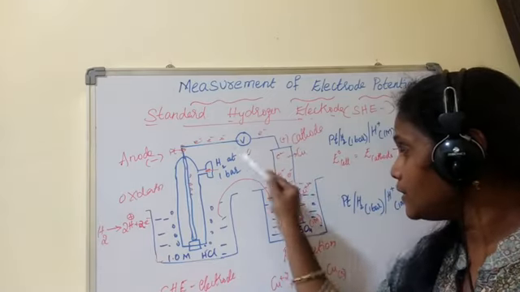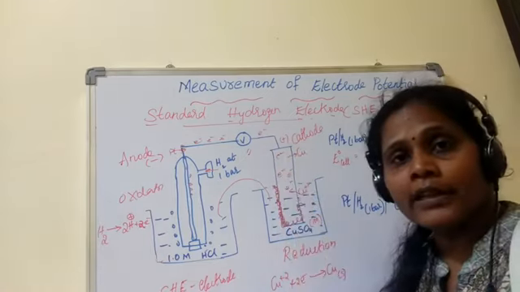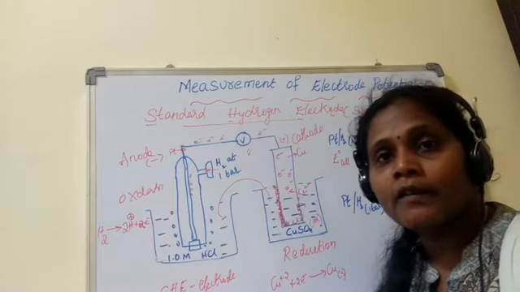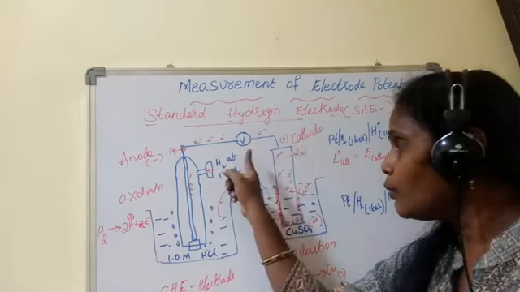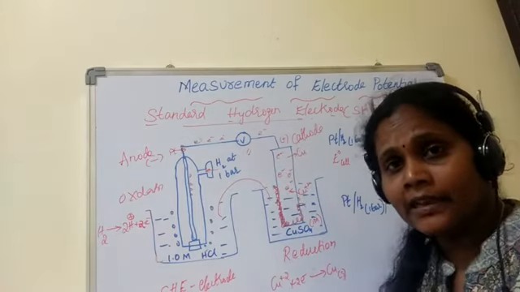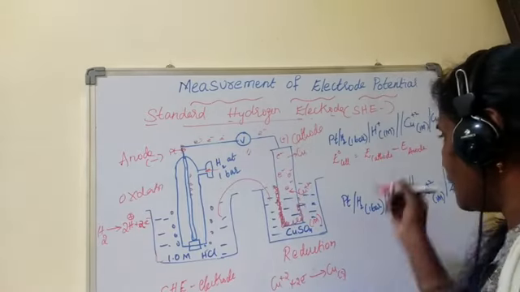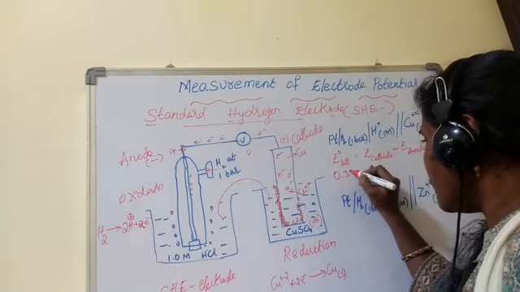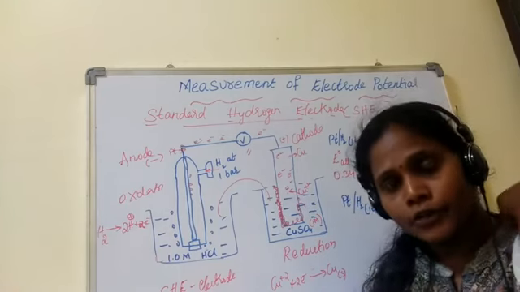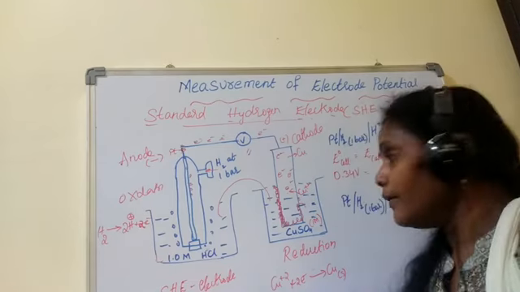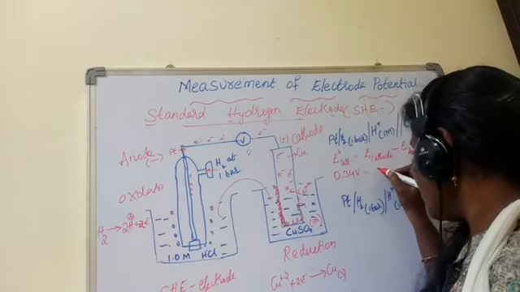I have to consider the value from the voltmeter, the experimental value, whatever you get. So it is a full cell constructed, and the value I get will be the E cell. For this I got 0.34 volt as the E naught cell, because we have taken standard 1 molar electrodes only, right? And what is the cathode? Copper.